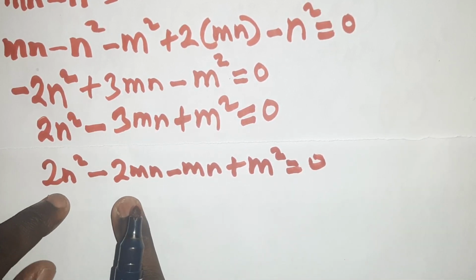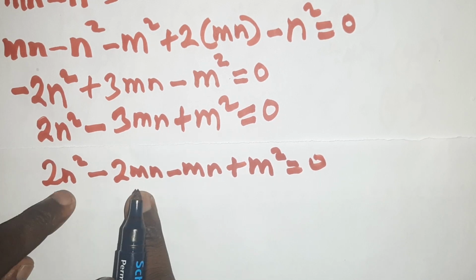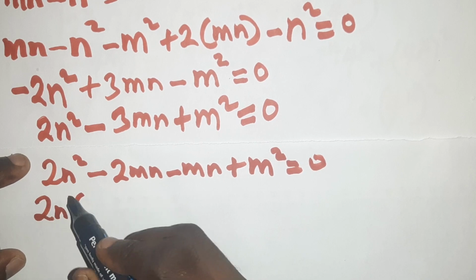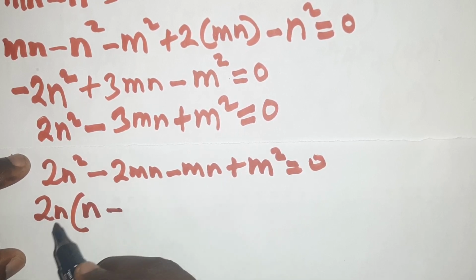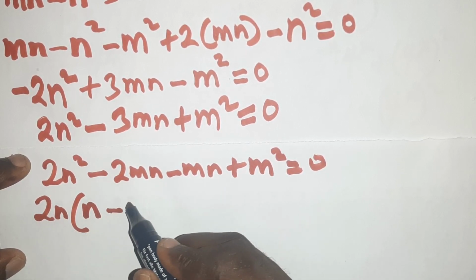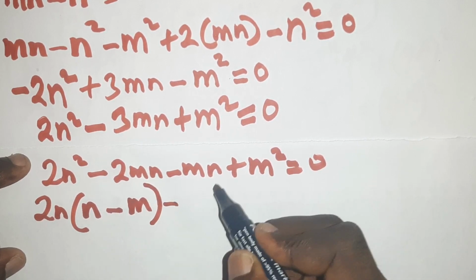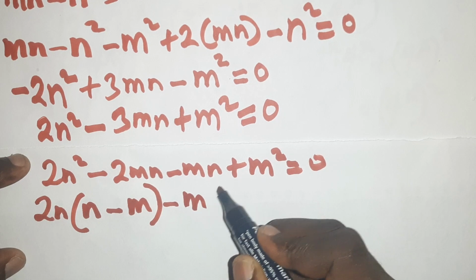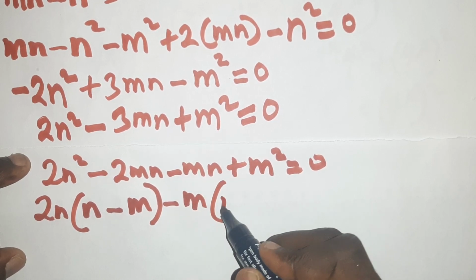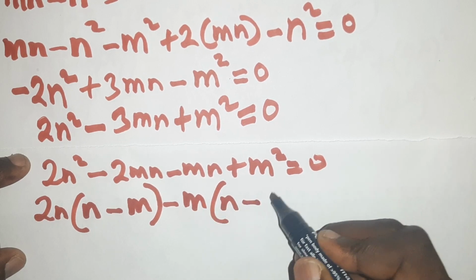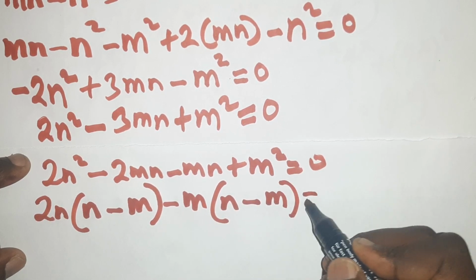Then picking the first two and finding the HCF, factorizing here, I have 2n is common, 2 cancels 2, n cancels one of the n, I have n left, minus n cancels n, 2 cancels 2, I have m. Then close bracket minus what is common, m is common, open bracket, m cancels m, I have n, plus divided by minus is minus, m squared divided by m is m, then equal to 0.